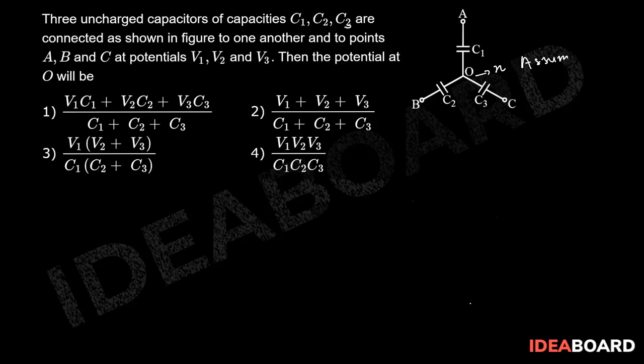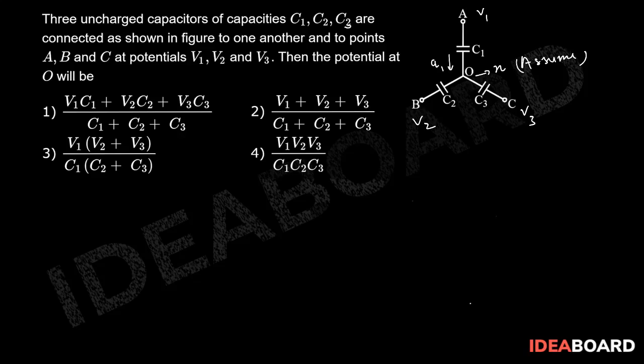Given in the question that A is having the potential V1, B is having V2 and C is having V3. One highly important point is that, suppose charge Q1 is on this capacitor.